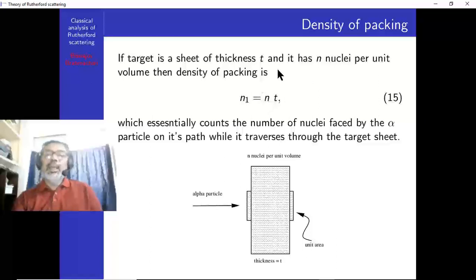Multiply the number density with t, then you get the number of nuclei contained in this volume. Those are the nuclei which will act as scatterers for that single alpha particle. That is the concept of density of packing. If the density of packing is high, then the alpha particle will face many scatterers, and if it is low, then it will face fewer scattering nuclei.